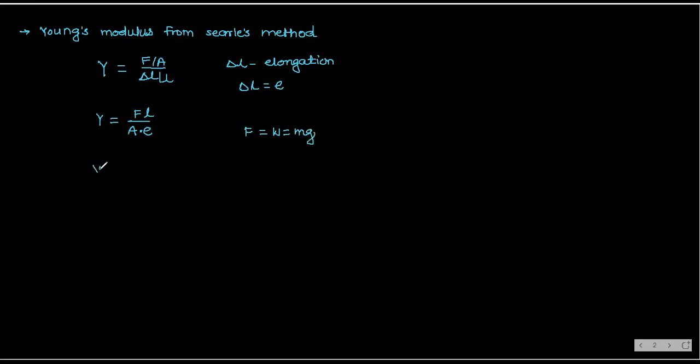So Y is equal to mg into L divided by A, where A is the area of cross section, that is pi r square. So the formula from Searle's method is Y equals mgl by pi r square into E. Got it?